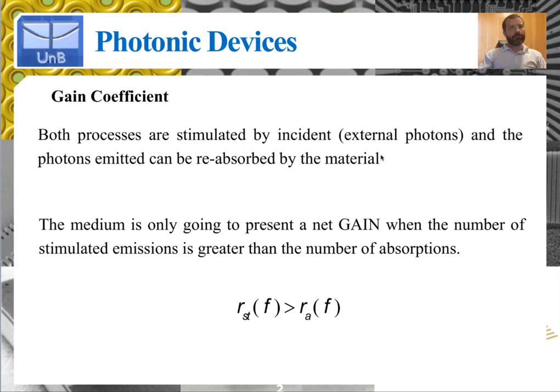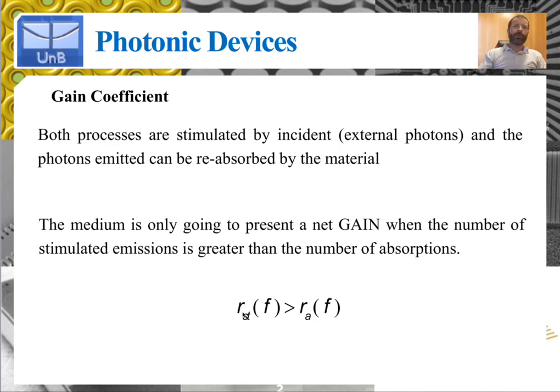So the medium is only going to have net gain when the number of stimulated emissions is greater than the number of absorptions, because otherwise, on average, all of the photons emitted per unit time will be absorbed by the material.